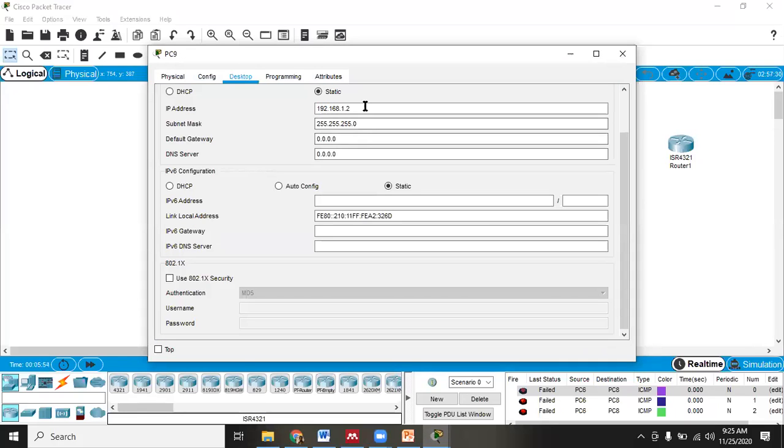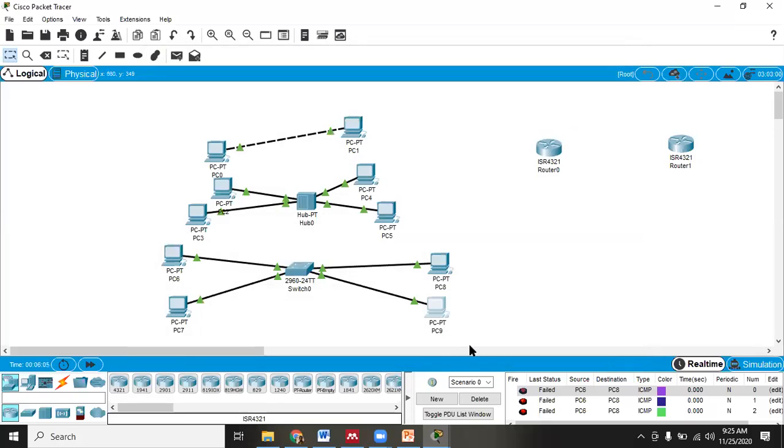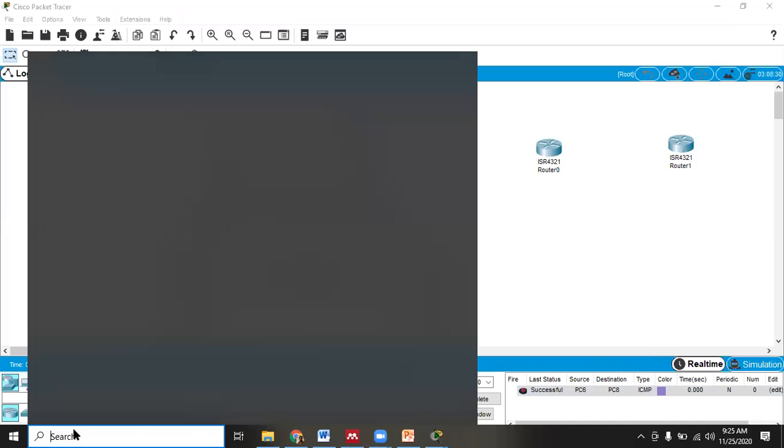And PC9, which is also in class A, 10.0.0.4, and we have 255.0.0.0, right? Now it is in the same class, in the same network. So you can see it is successful. Yes, class? Any doubt in this particular?